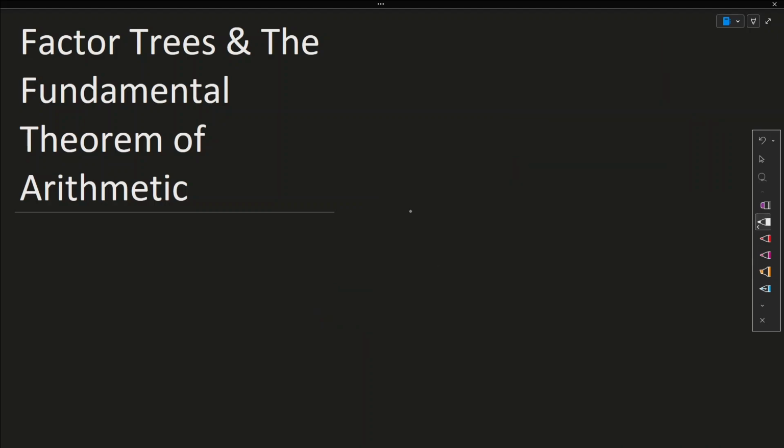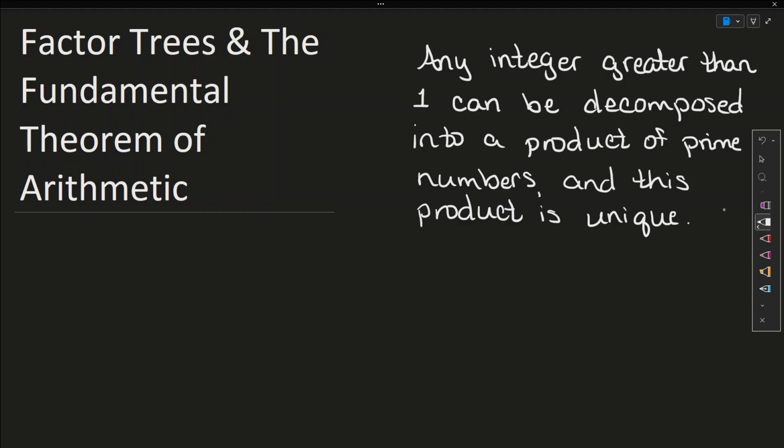Now we can state a major theorem, the Fundamental Theorem of Arithmetic. This theorem says that any integer that is greater than 1 can be decomposed into a product of prime factors, and this product is unique.